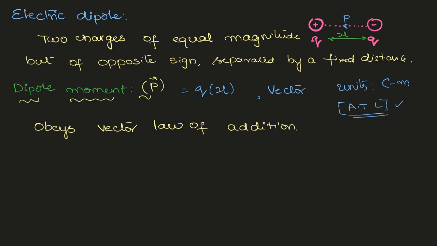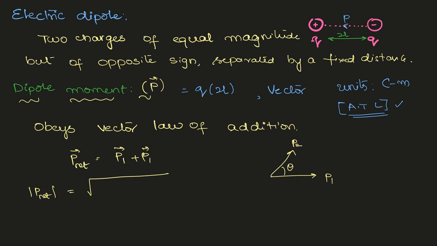That means if two dipoles are inclined at an angle theta, this is dipole 1 with dipole moment P1 and this is dipole 2 with dipole moment P2, inclined at an angle theta, then their resultant dipole moment P net is the sum of the individual dipole moments. Their magnitude will obey our vector law of addition.